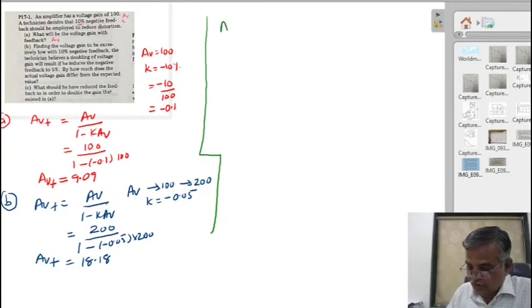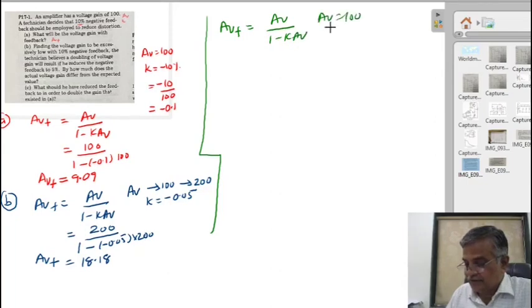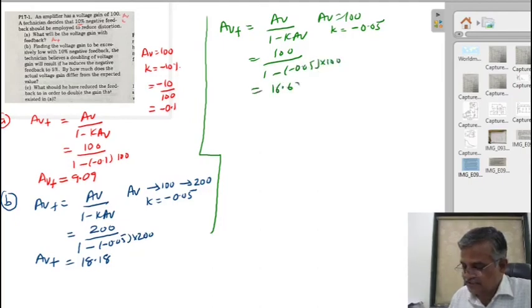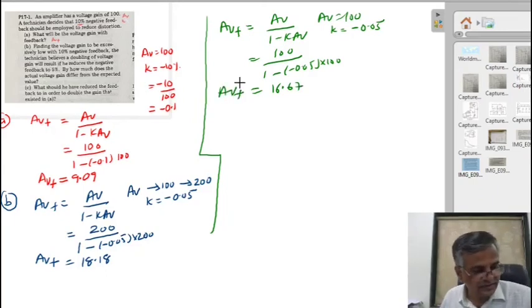So the actual voltage gain, in B also, AVF is equal to AV upon 1 minus KV. So AV I have to take 100, K I have to take minus 0.05. So this is 100 upon 1 minus 0.05 into 100. You will get 16.67, I think so. 16.67 you will get.